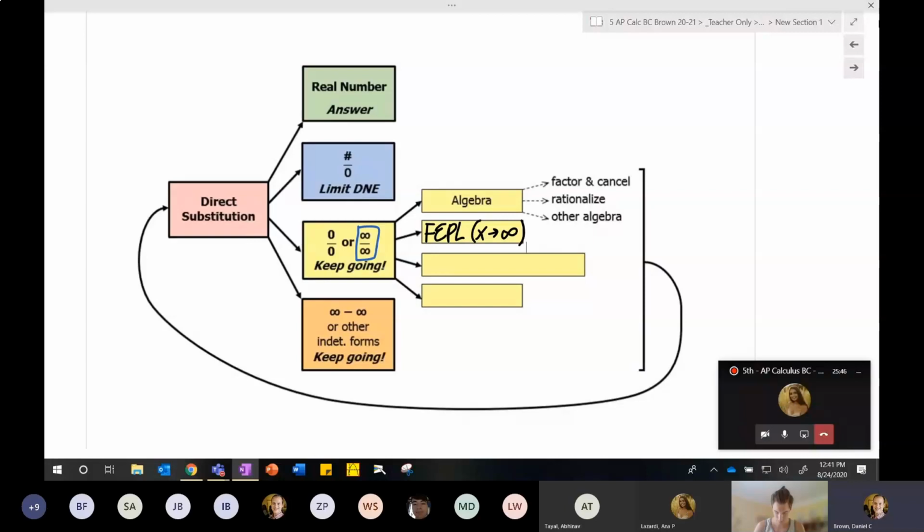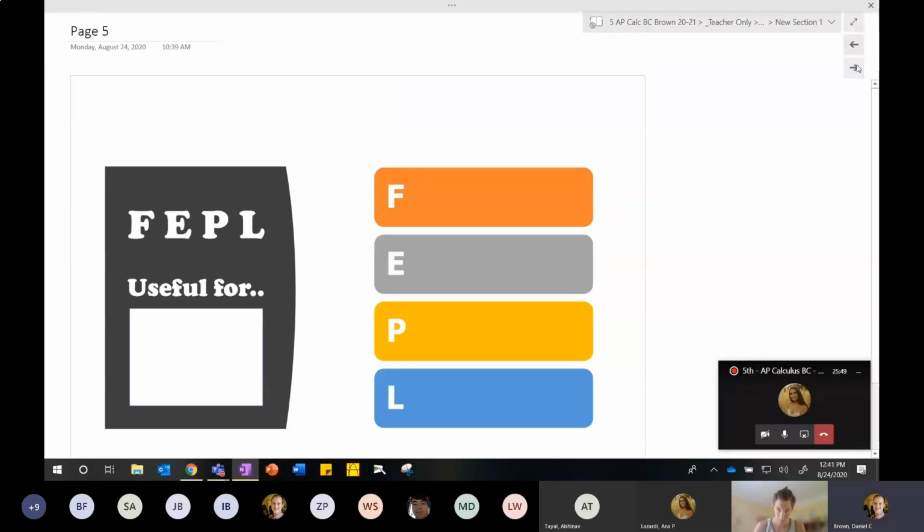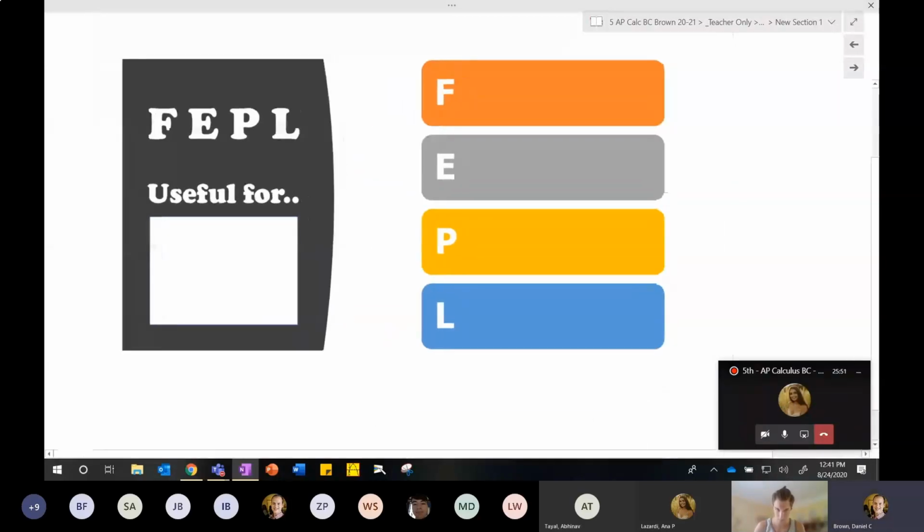What FEPL stands for is the types of functions we encounter in BC calculus. Again, it is going to be useful for when x is going towards positive infinity. It's not so useful when x is going towards negative infinity, or to a number.